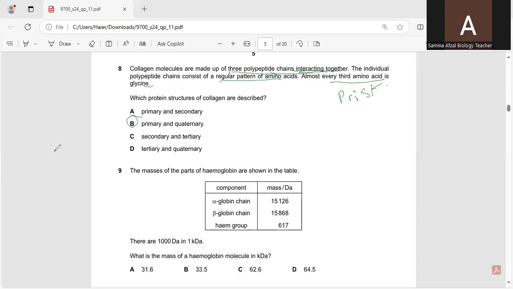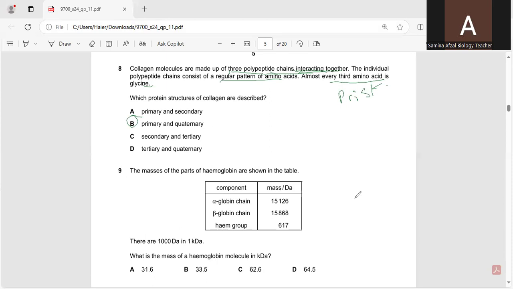The masses of the parts of the hemoglobin are shown in the table. You can see a table is given with components alpha globin chain, beta globin chain, and heme group, and they have given the mass in the other column. There are 1000 Da in 1 kDa. What is the mass of a hemoglobin molecule in kDa?